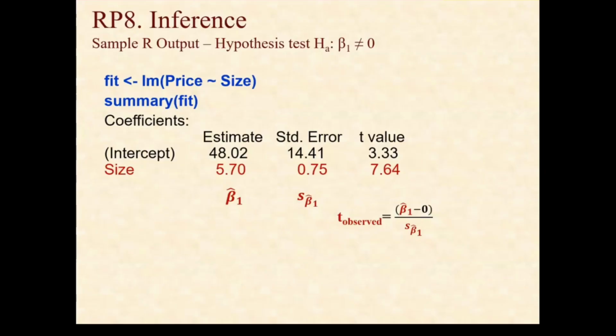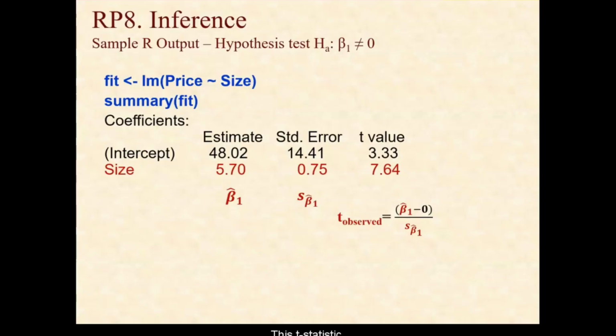Since beta 1 is the mean of the sampling distribution of beta hat 1, this is the appropriate calculation for this hypothesis test. If the hypotheses were different, we could still find the observed t-statistic using the beta hat 1 and the S sub beta hat 1 provided in the output and highlighted in red.